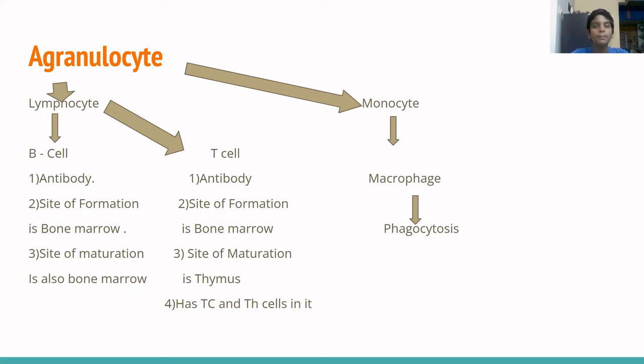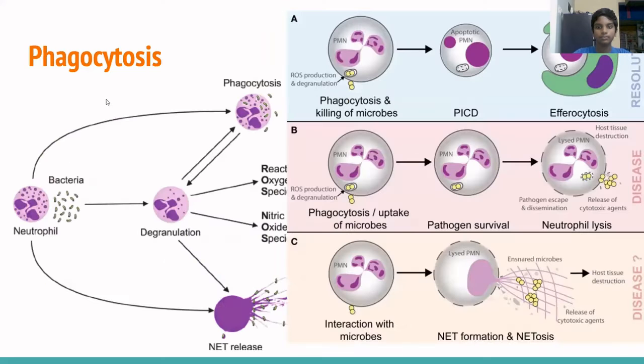The second type is monocyte. Monocytes turn into macrophages to perform phagocytosis. Now let's study phagocytosis. Phagocytosis is exactly like the nutrition of amoeba. I'll give the link in the description.